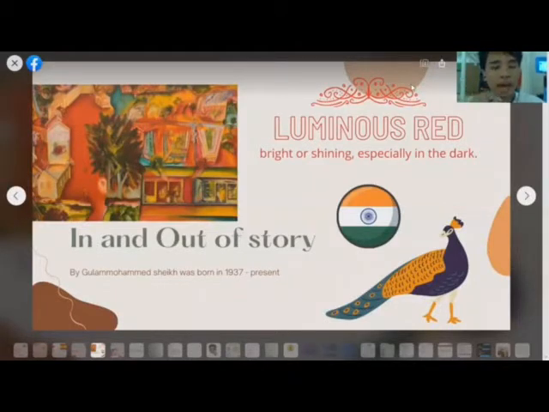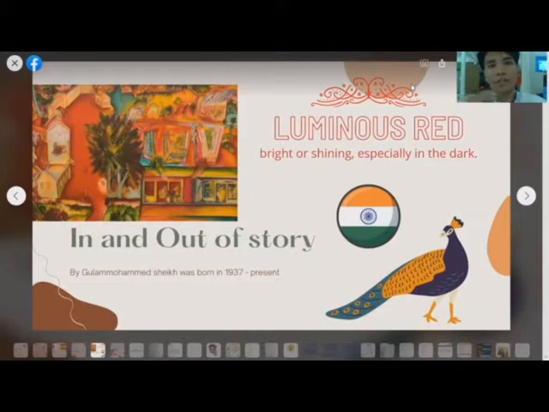The artwork In and Out of Story by the artist Ghulam Mohammad Sheikh uses luminous rays as the main color in his work. Luminous means full of rays or shedding light. It's bright or shining, especially in the dark.